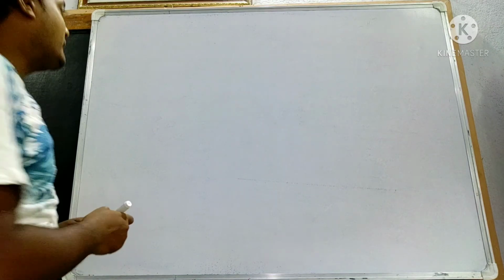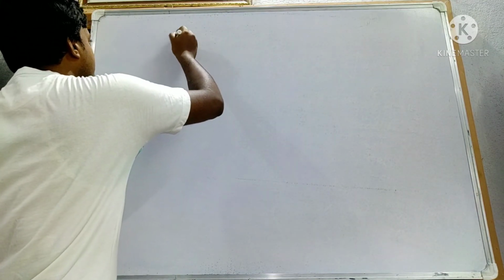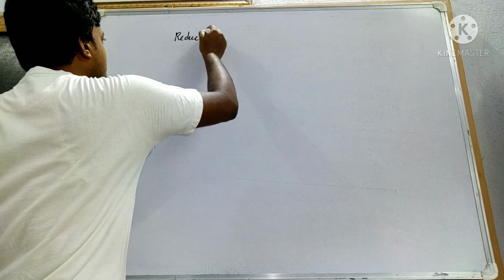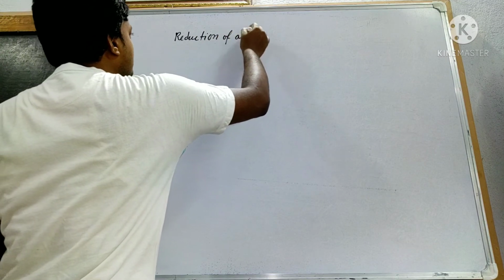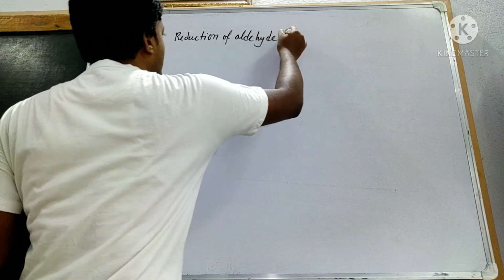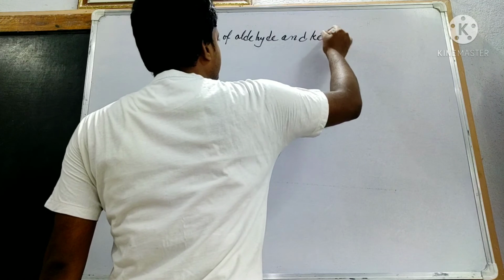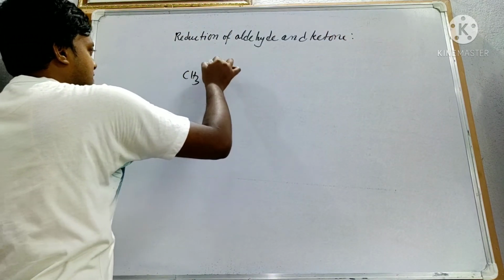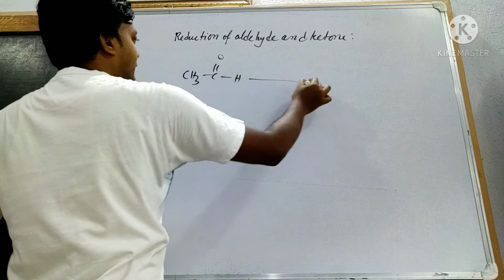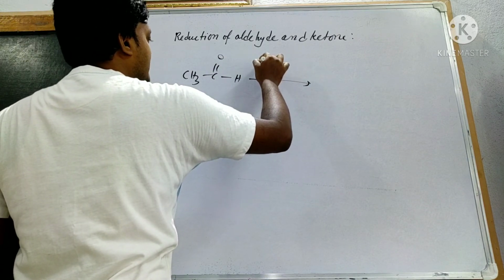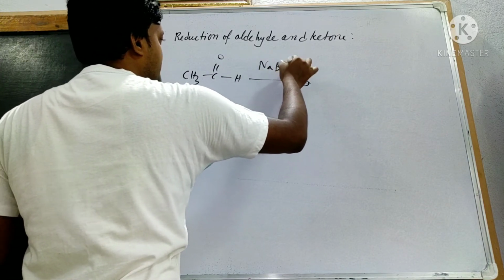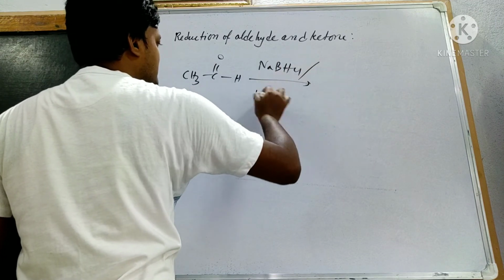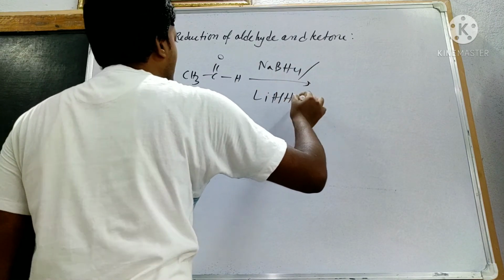Next, by reduction of aldehyde and ketone. In this case, for aldehyde and ketone we can use NaBH4 as well as lithium aluminum hydride.